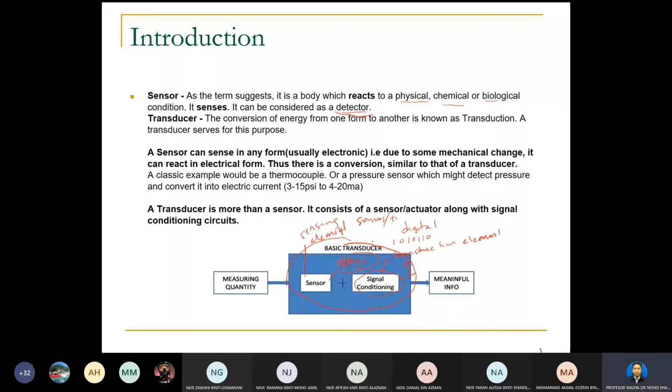Before this, the sensor was only one part, and the transducer was the combination of the sensor and signal conditioning. But nowadays most sensors, for example digital sensors, also include the signal conditioning, so it is automatically changed from voltage to whatever type of output you want. Alright, so this is the difference between the sensor and transducer, but the two are almost similar.